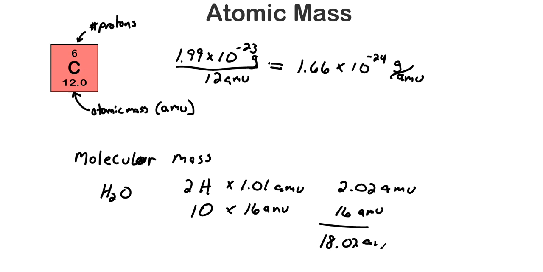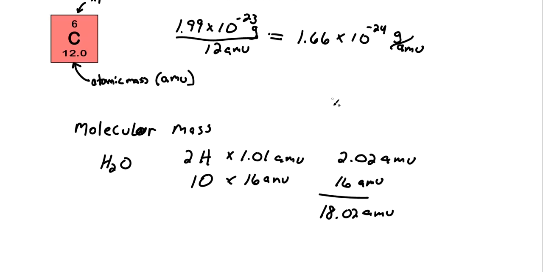Add those together, and the molecular mass of water is 18.02 AMU. Now, if we multiply that by our 1.66 times 10 to the negative 24th, we take 18.02 AMU over 1. We want to get grams, so we want to get rid of AMUs.